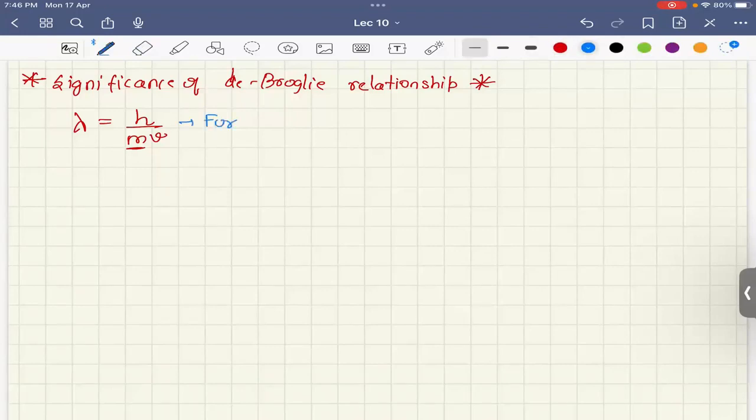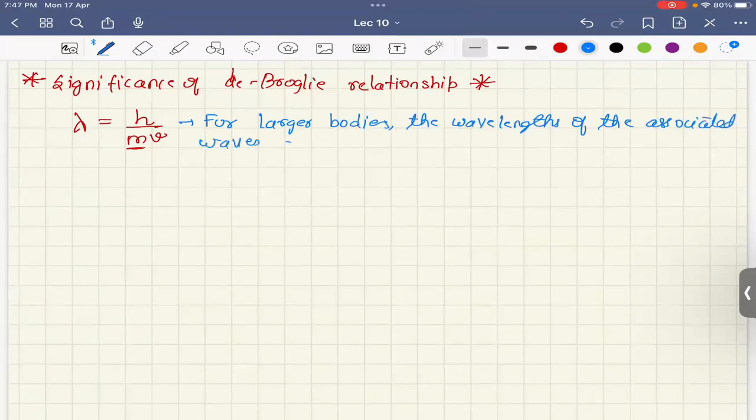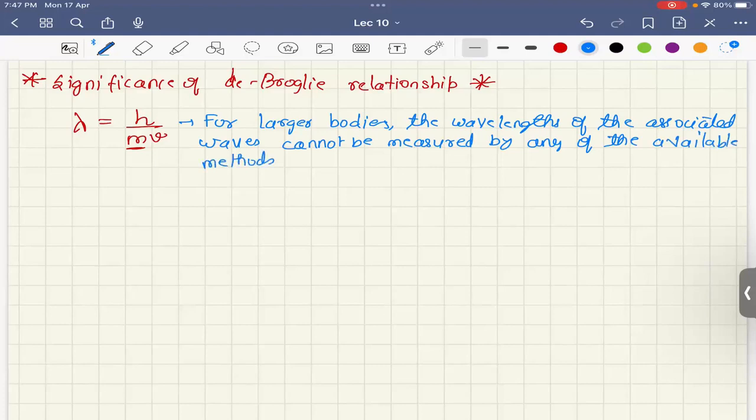For macroscopic or large bodies, the wavelengths of the associated waves cannot be measured by any of the available methods. Why is that? Because they are very small. Therefore, practically these bodies are said to have no wavelengths. Thus, any material body in motion can have a wavelength, but it is measurable or significant only for microscopic bodies such as electron, proton, atom, or molecule.